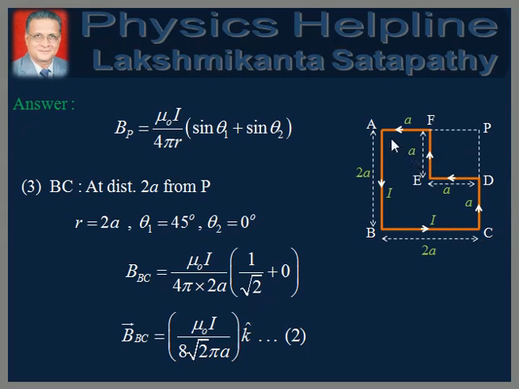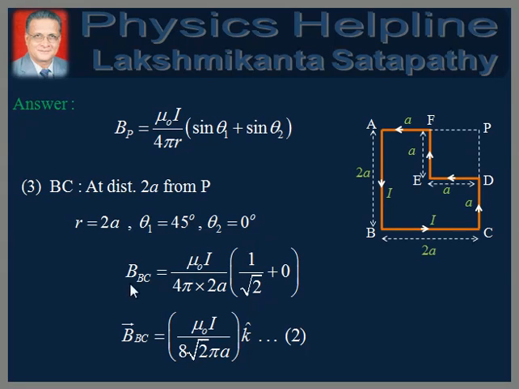And current is flowing from B to C. Therefore, point B subtends an angle at P with reference to PC. This angle is 45 degrees. Therefore, we write theta 1 is equal to 45 degrees and theta 2 is the angle subtended by C at P, which is equal to 0.